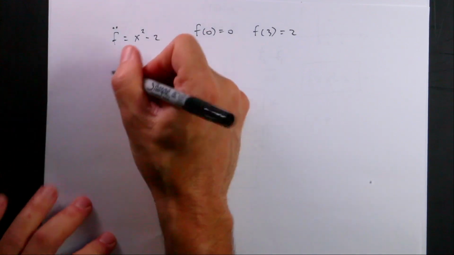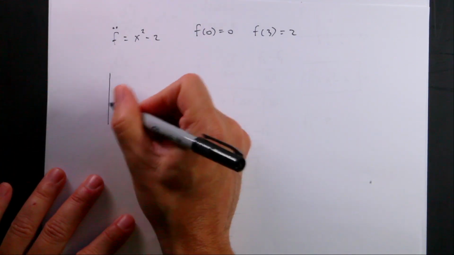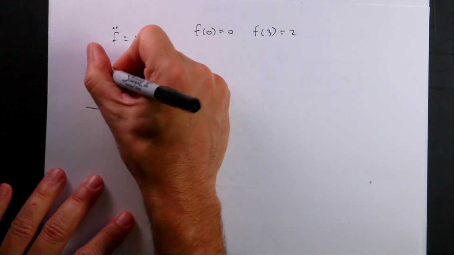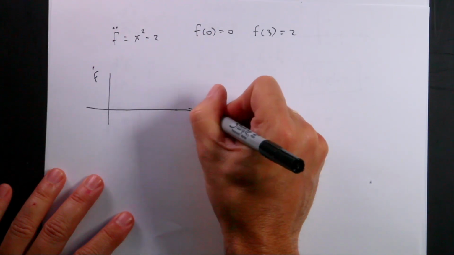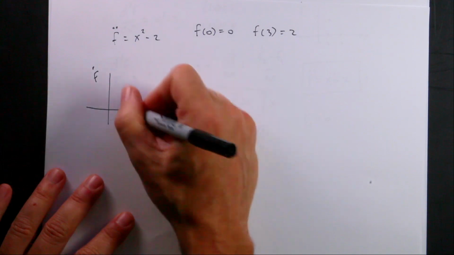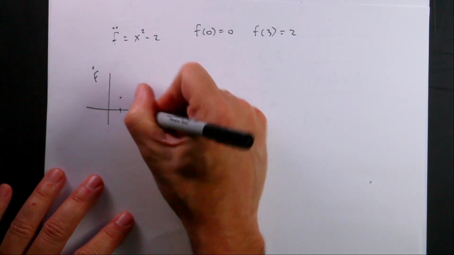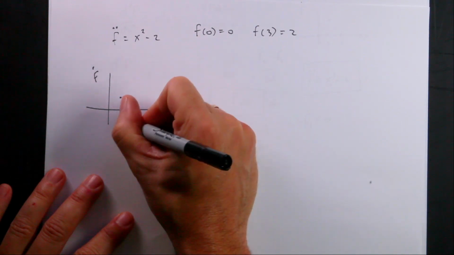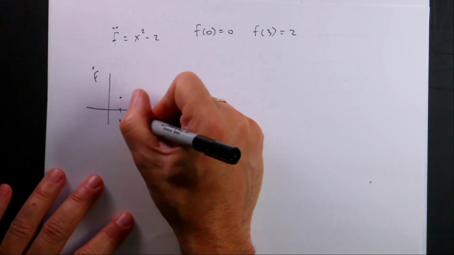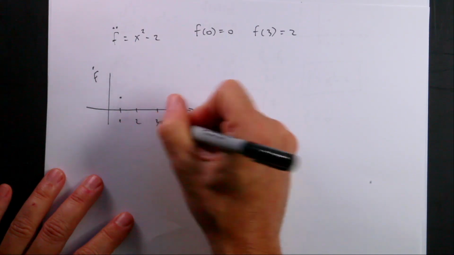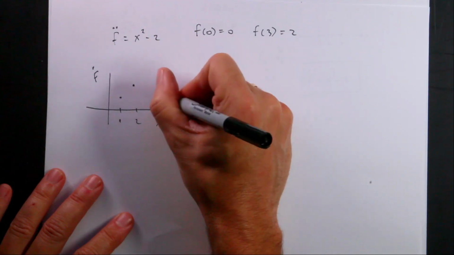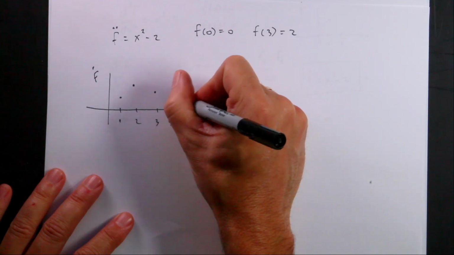So let's imagine that I have, let's say, f dot as a function of x. And I have certain values for these. So there's finite values. Let's call that x1, x2, x3, x4. So there's that one, there's that one, there's that one.